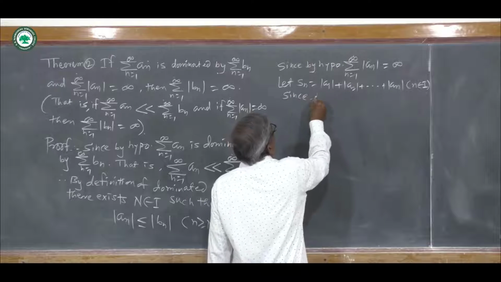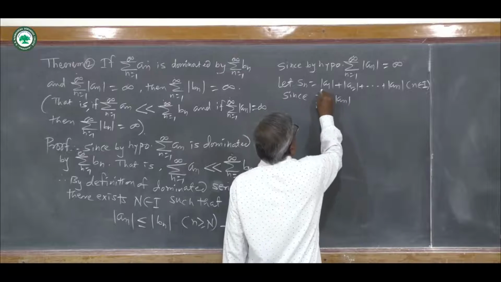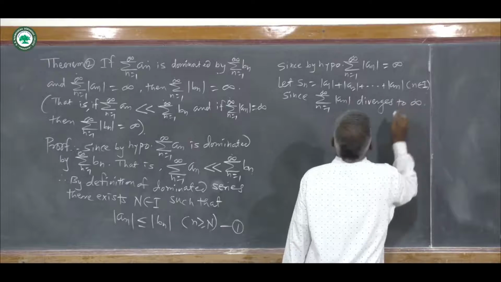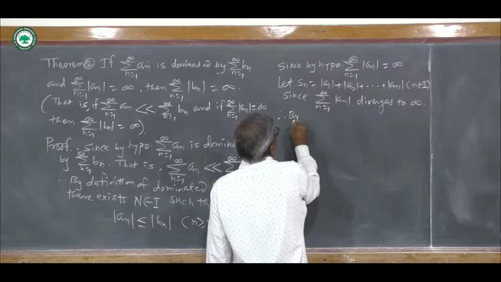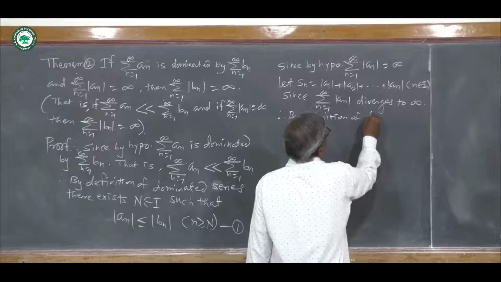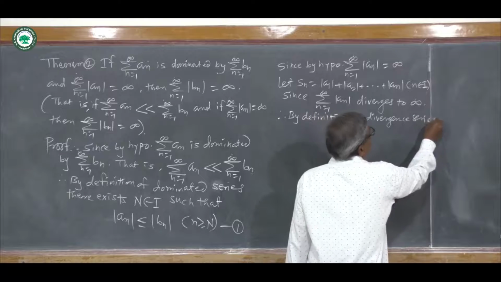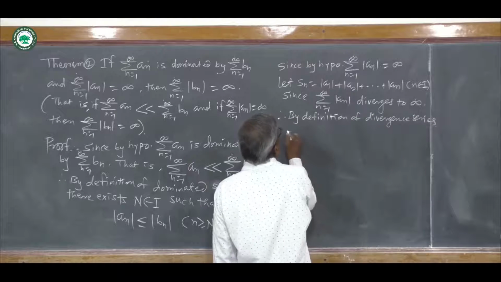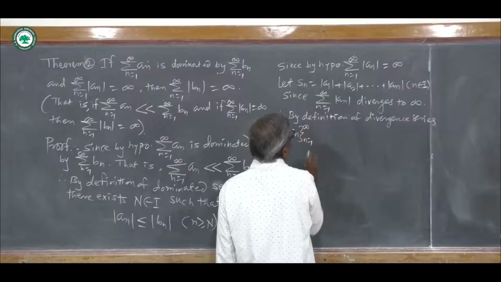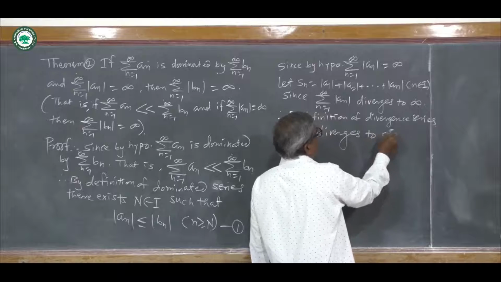Since sigma mod an, n is equal to 1 to infinity, diverges to infinity, therefore, by the definition of divergence of a series, the sequence of partial sums Sn, n is equal to 1 to infinity, diverges to infinity.